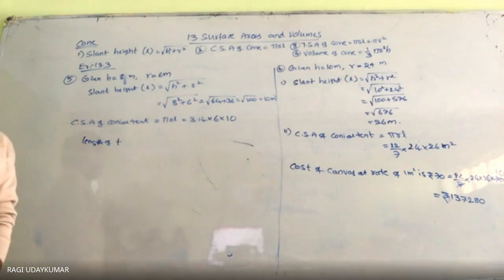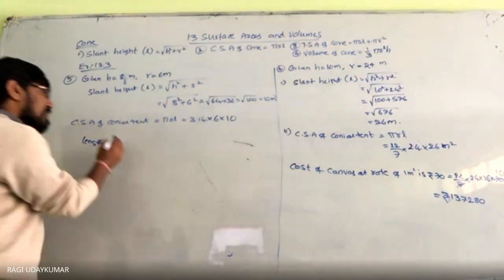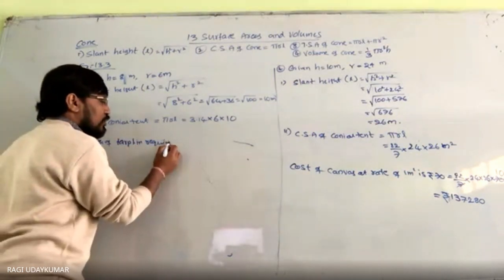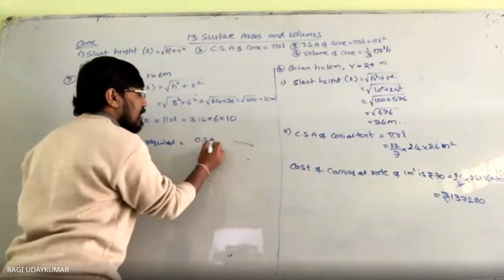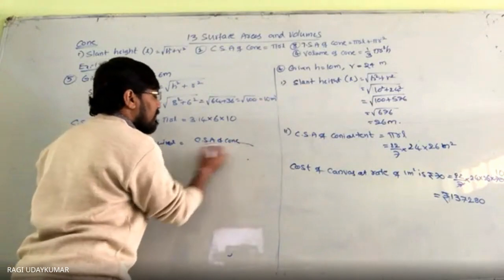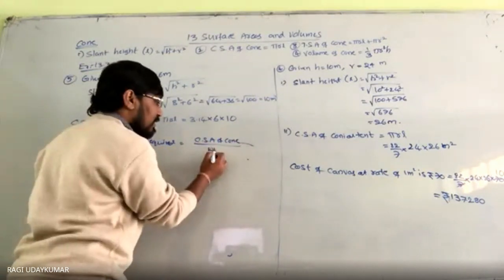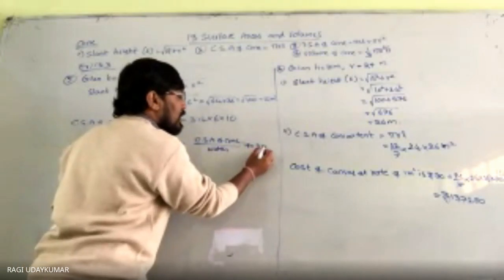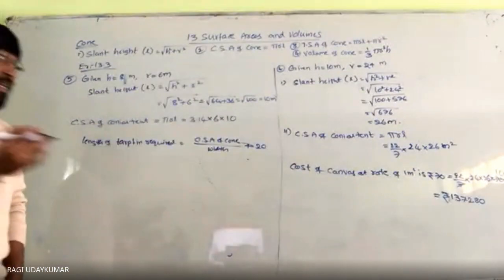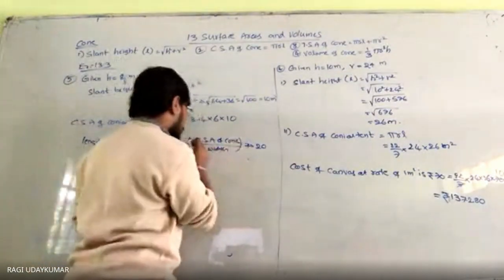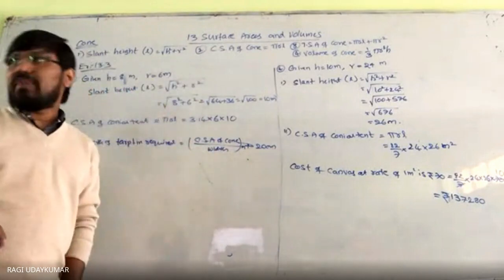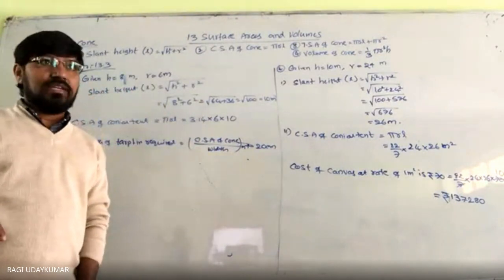It is asking you to find out the length. So the length of the tarpaulin required is equal to curved surface area of cone divided by width plus 20, because 20 extra is needed for stitching, 20 centimeters. So this is in meters and this is in centimeters. So 0.2 you have to take into consideration.